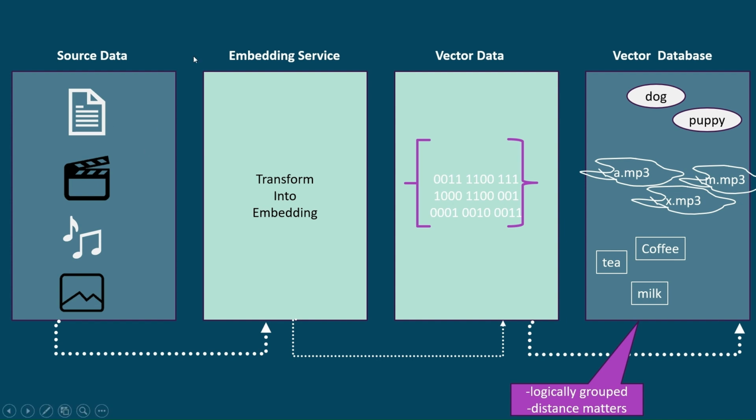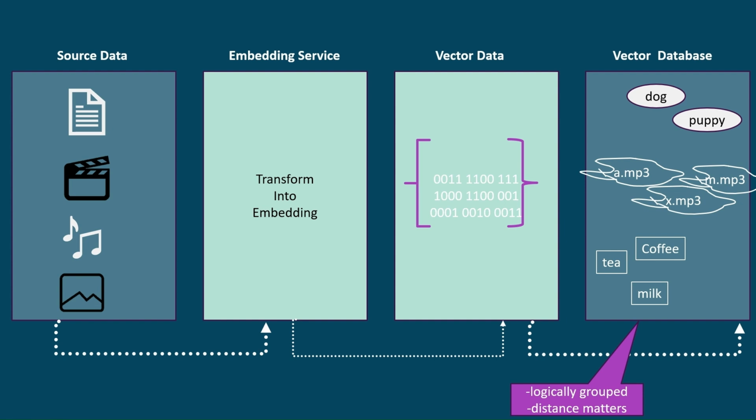Using an embedding service, we can transform this data into an embedding. Embedding works by converting raw data like text, image, or audio into dense numerical vectors that preserve meaning and the relationship between the data.